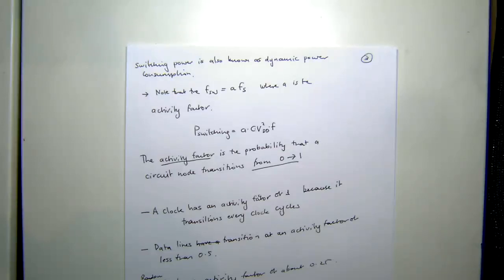Maybe they don't do anything at all, they just do something very rarely, or they might change some percentage or amount every so many clock cycles. So we want to work out that activity factor so that we can estimate what is actually happening in this device in order to have an estimate of our power consumption. Okay?